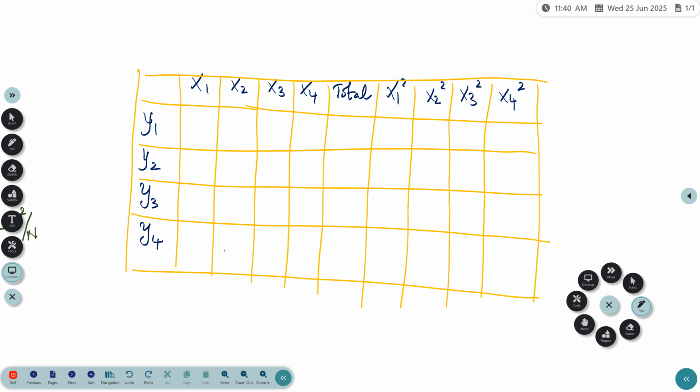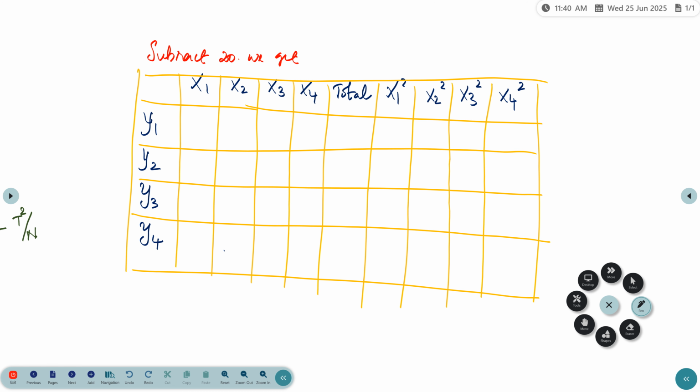Now I am going to explain how we calculate T, the total value. In the table, the values are given as high values: 18, 21, 25, 11. It's difficult to calculate, so we are going to subtract 20 from all the values. In the question A is 18; subtracting 20 we get minus 2.